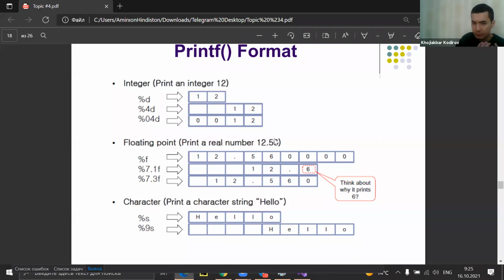I have 5, actually. Perhaps it takes from right to left. Any answers? Hikmetullah, Said Akbar, Muhammad Ali, Dostan, Anastasia? No answers.